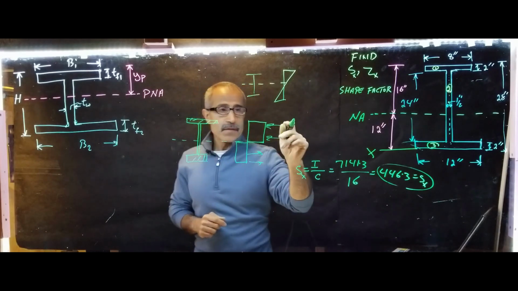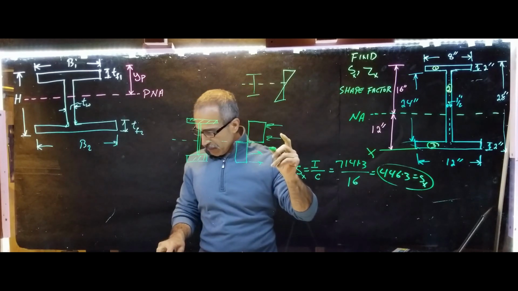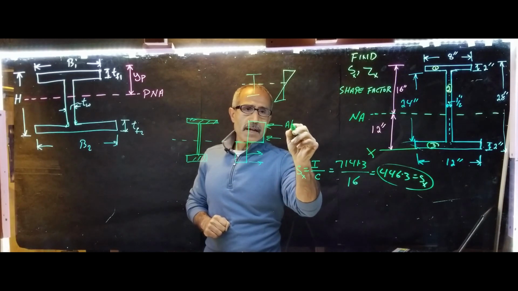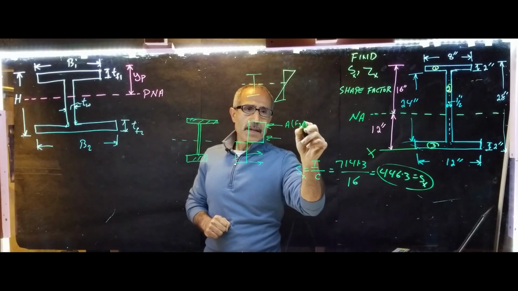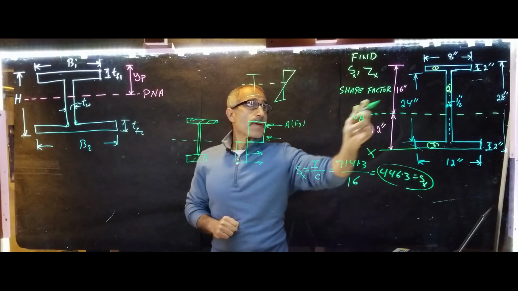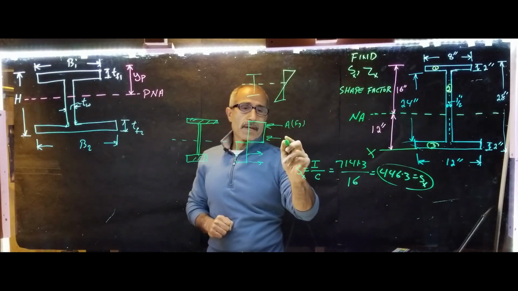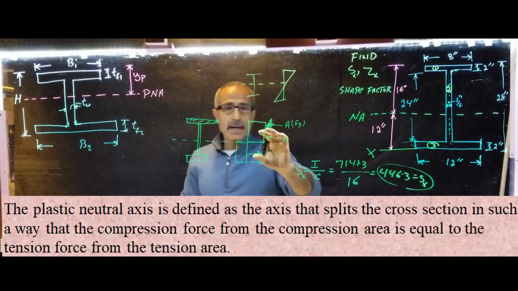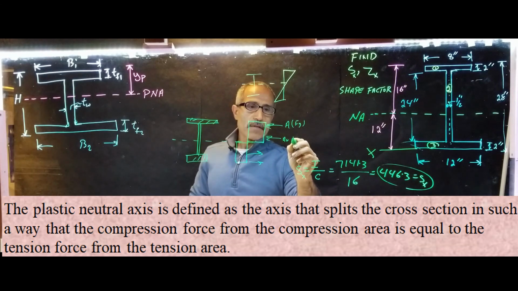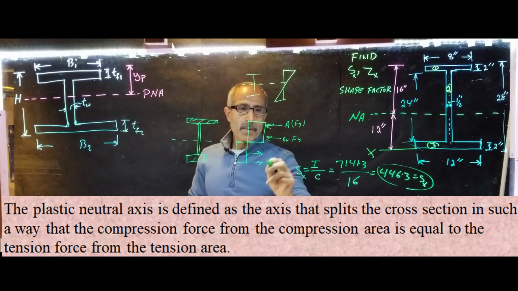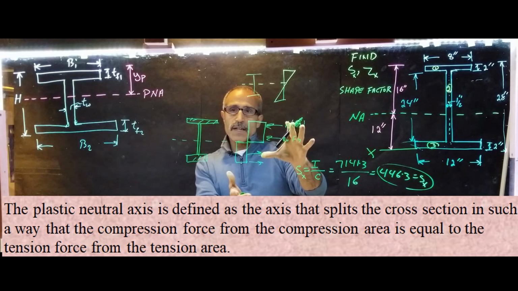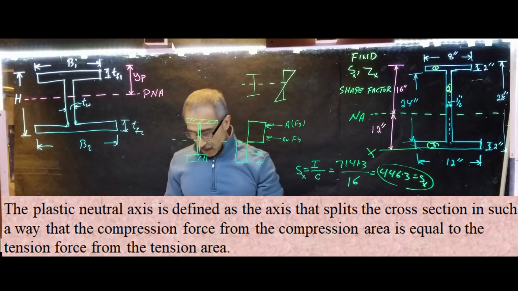This will be the force of the top flange, basically the area times Fy, where the area is the top flange, and then the area of the web portion times Fy, and the same thing at the bottom. These two are equal forces. This is how we're going to take advantage of that to find the limit.